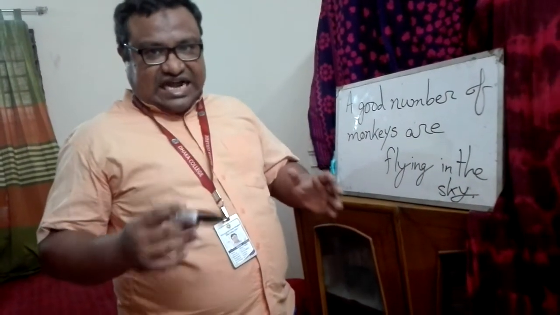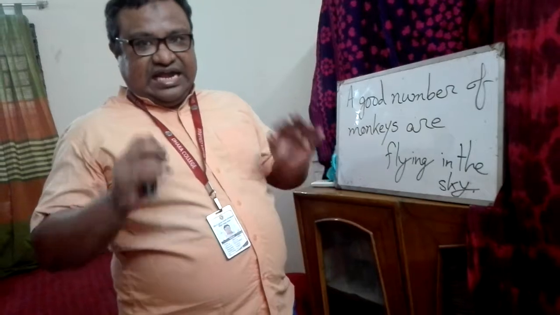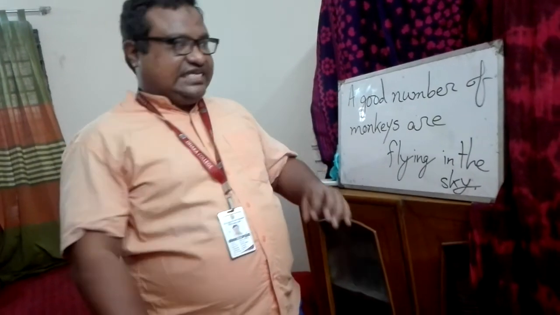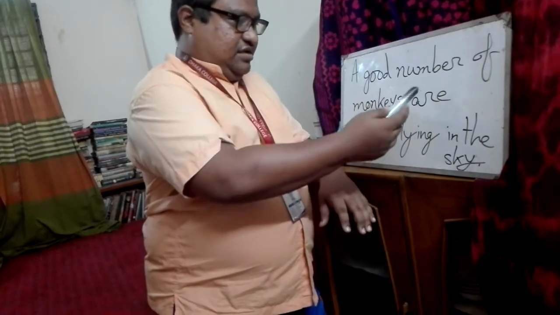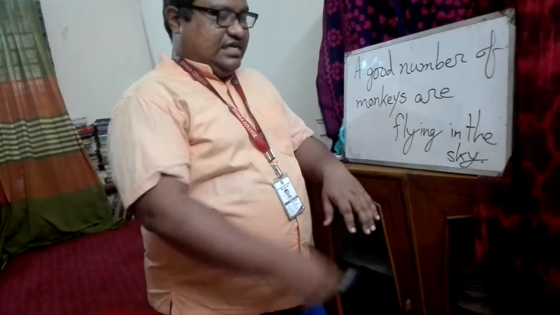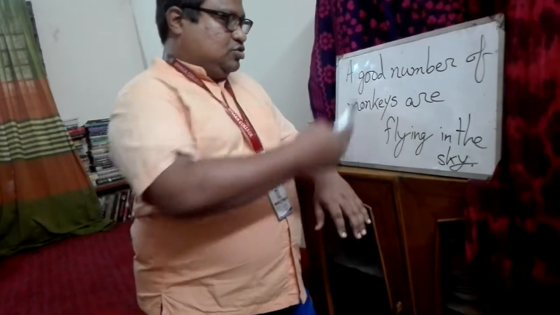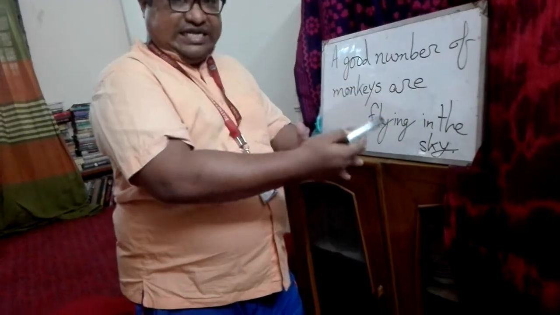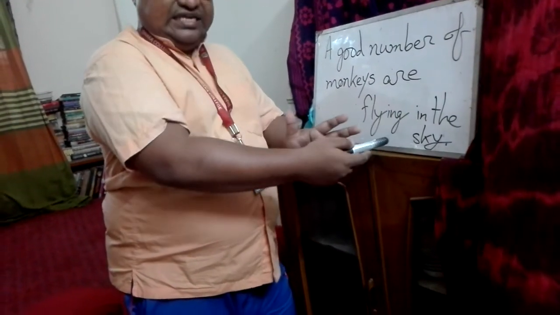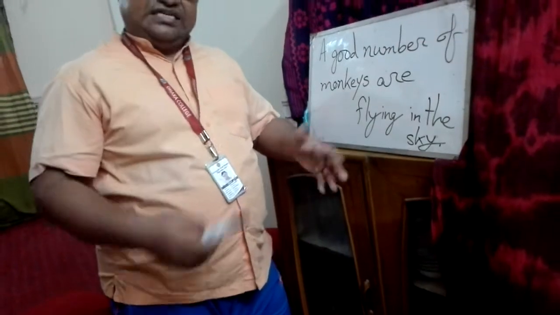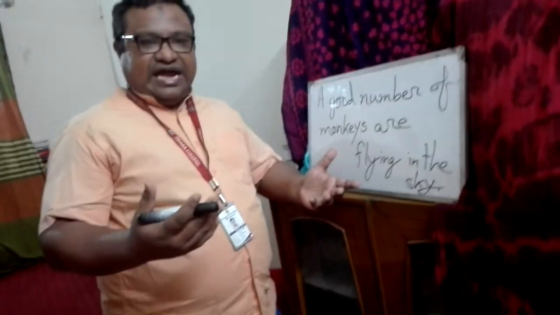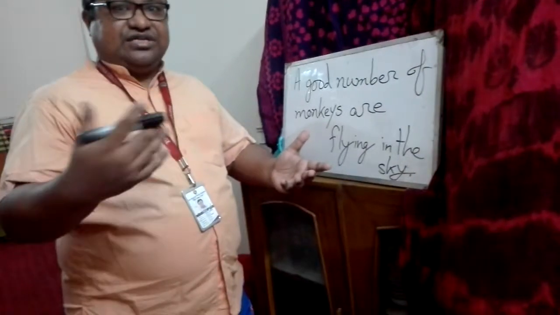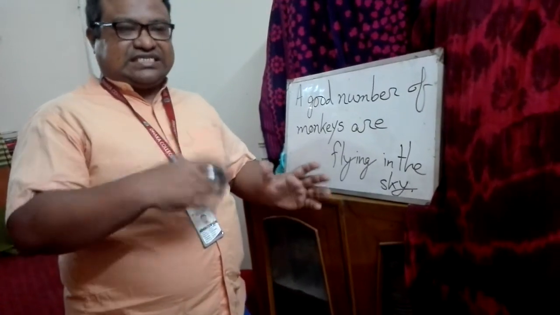The basic structure of an English sentence is subject, then verb, then object. So a good number of monkeys, subject, are flying, the verb, in the sky, object. It has the subject, verb and predicate structure.